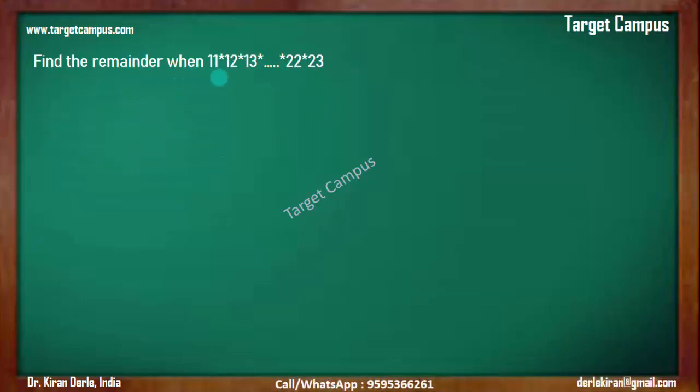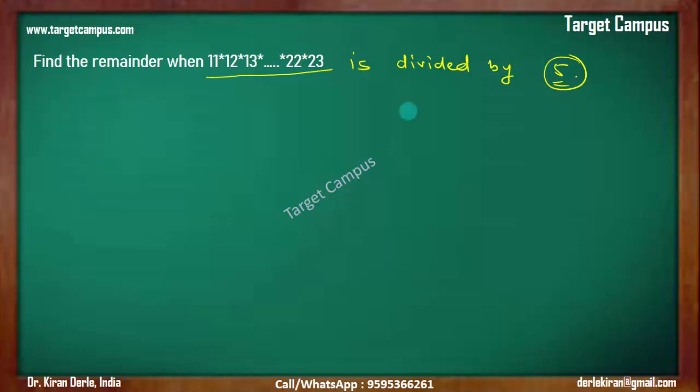Find the remainder when this expression, 11 into 12 into 13 till 22 into 23, is divided by 5.